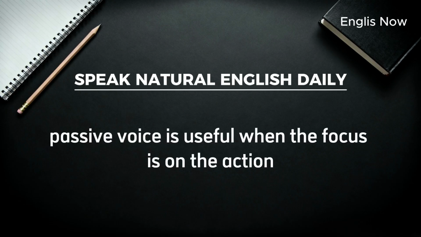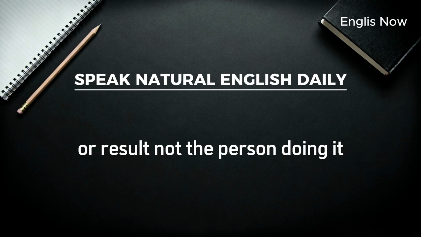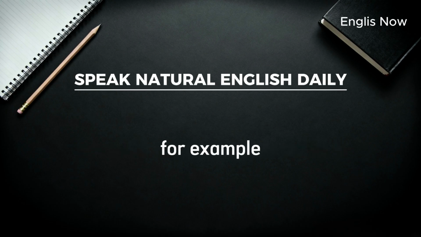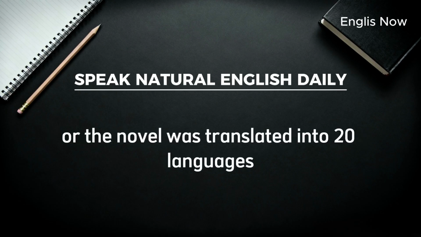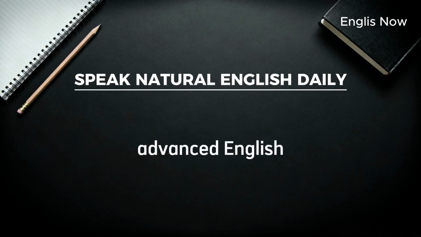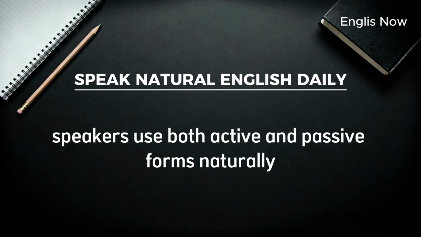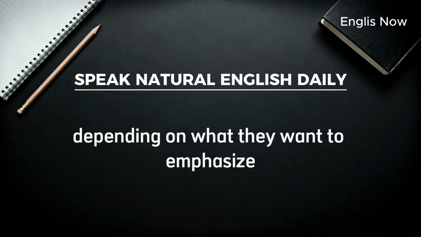Passive voice is useful when the focus is on the action or result, not the person doing it. For example, the meeting was postponed due to bad weather, or the novel was translated into 20 languages. Advanced English speakers use both active and passive forms naturally, depending on what they want to emphasize.